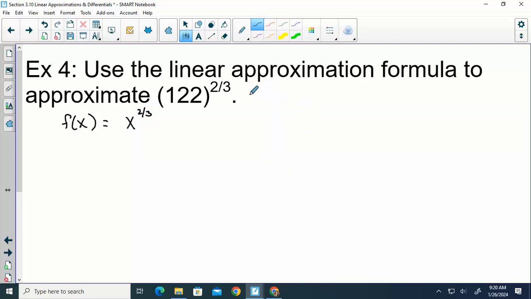Okay, think about what a 2/3 power means. It's saying you have to do the cube root of this number and then square that. And this problem's ugly because is 122 a perfect cube? No. Our a value needs to be close to 122, but it needs to be one that we could work this problem out, so it needs to be a perfect cube.